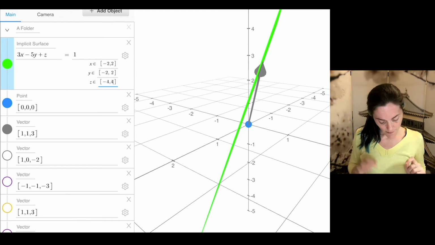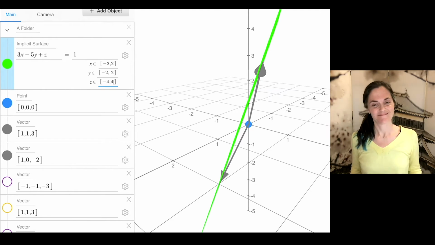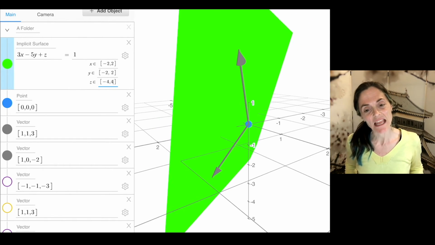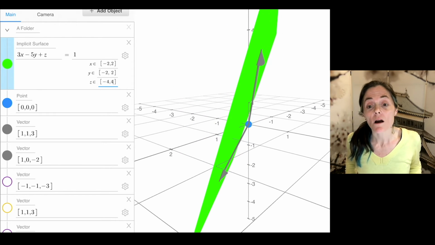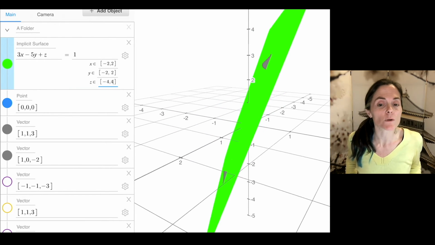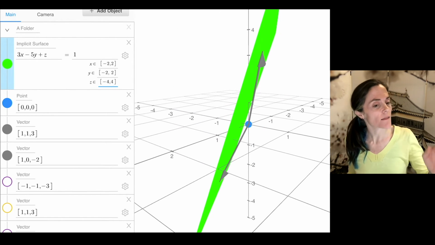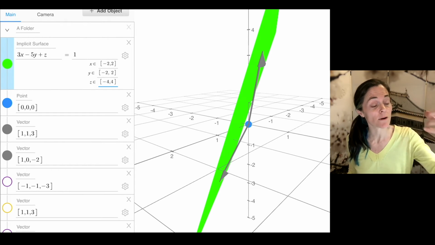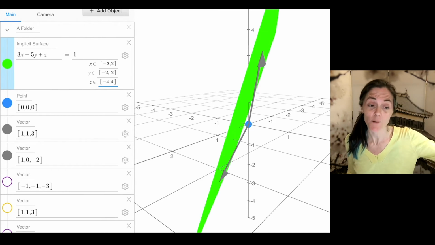So let's take these two vectors here. These two gray vectors are on the plane. You can see it visually, but also you can check that the points (1, 1, 3) and (1, 0, -2) satisfy the defining equation, 3x minus 5y plus z equals 1.